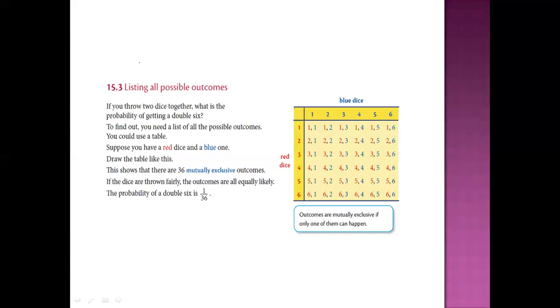Just a moment. Okay, the probability of double six when you throw two dice, I said 1 over 36 because 1 over 6 times 1 over 6 is 1 over 36.